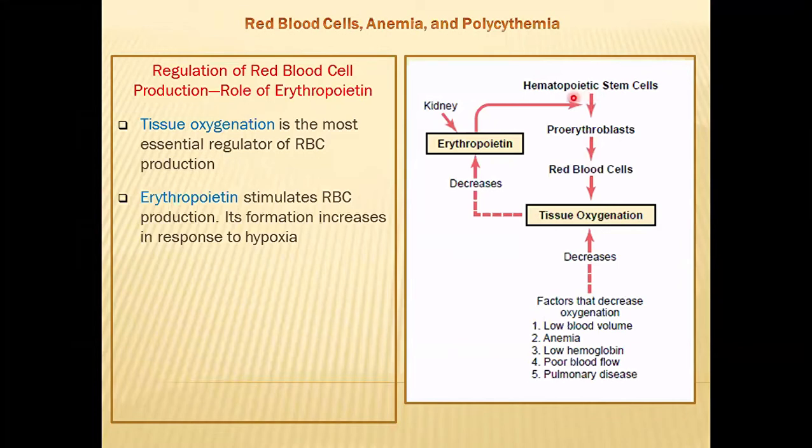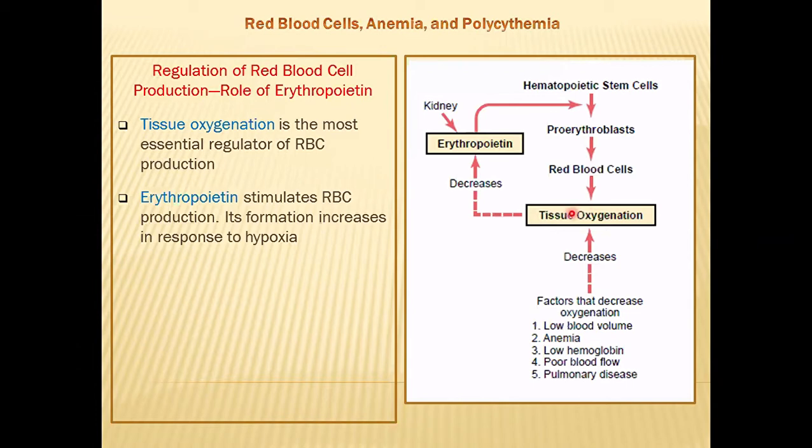So yun, the same steps, from pro-erythroblast until it becomes erythrocyte, and then the erythrocyte becomes a mature RBC, in order to supply the correct amount of oxygen needed by a tissue for oxygenation.